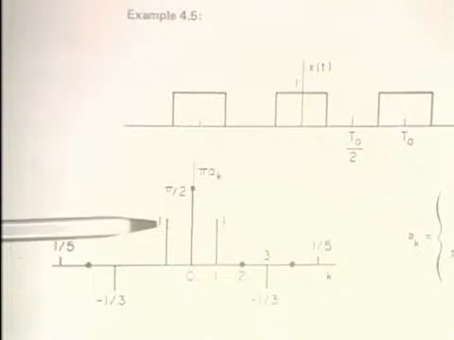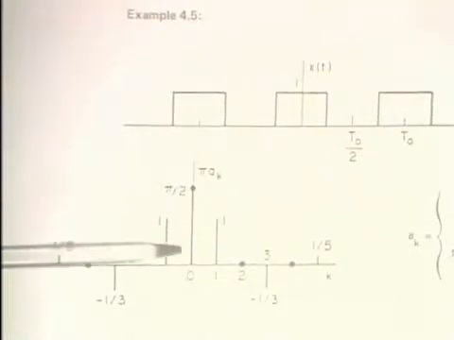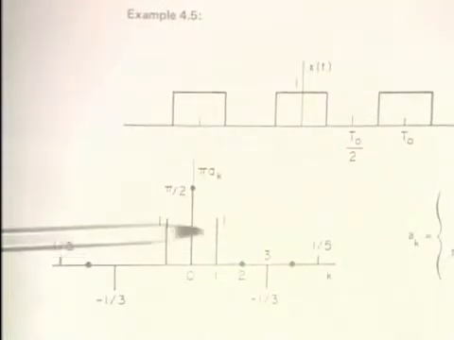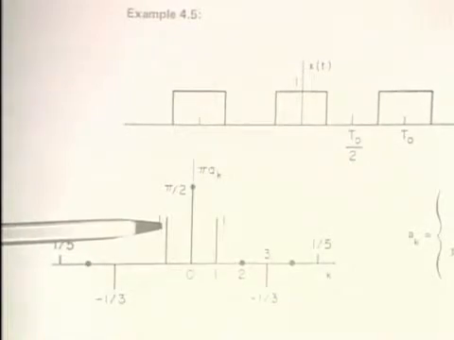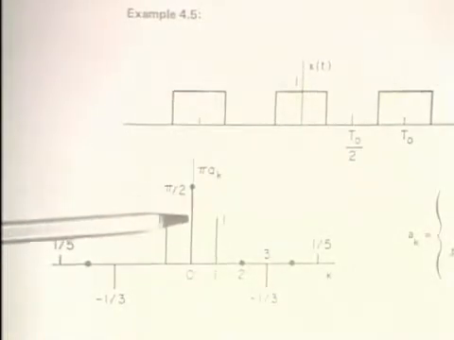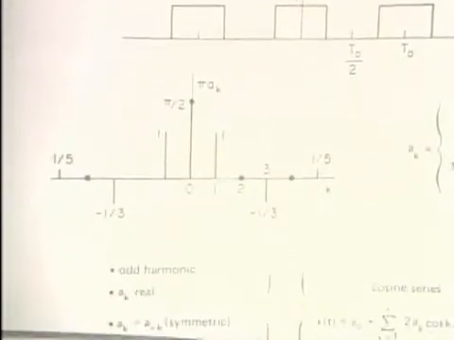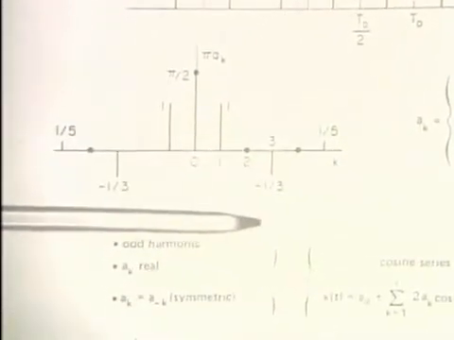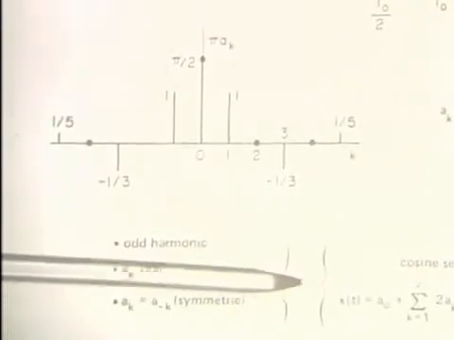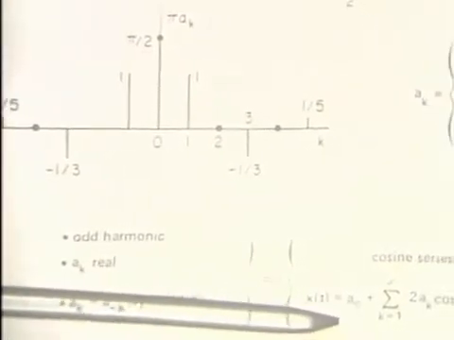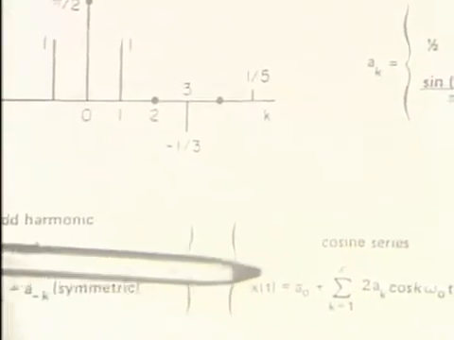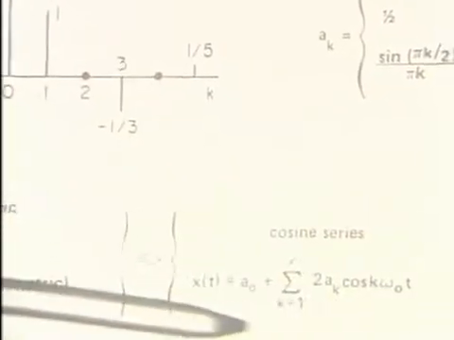The coefficients are now an even sequence, in other words, symmetric about k equals 0. And the consequence of that is that when you take these coefficients and put together the equivalent trigonometric form, the trigonometric form involves only cosines and no sine terms.